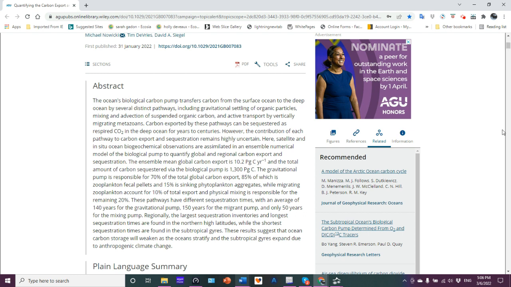The ocean's biological carbon pump transfers carbon from the surface ocean to the deep ocean by several distinct pathways, including gravitational settling of organic particles, mixing and advection of suspended organic carbon, and active transport by vertically migrating metazoans. Carbon exported by these pathways can be sequestered as respired CO2 in the deep ocean for years to centuries.